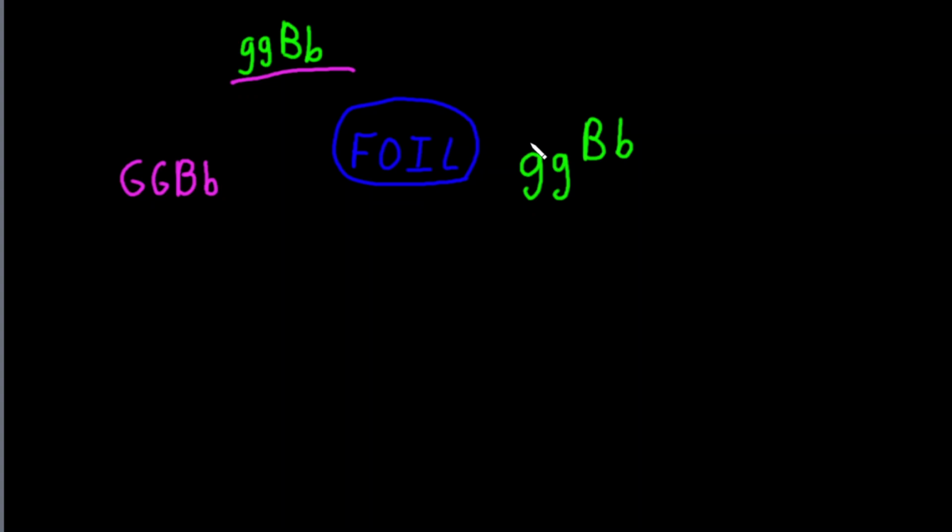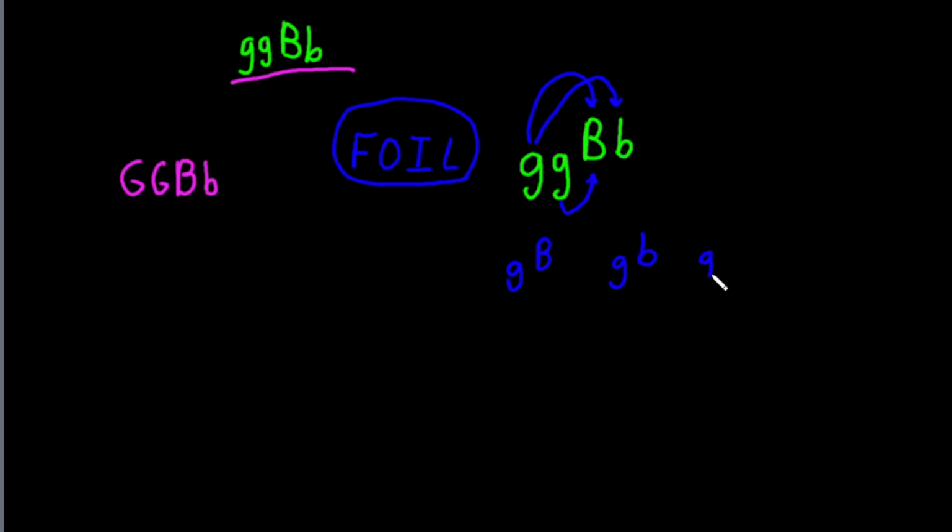And so what I'm going to do is I'm going to say, all right, if I had this G with this B, then it would make a little g, big B gamete. Now we're going to do the outside. What if I had this G with that B? Well, then that would make a little g, little b gamete. What about this G with that one? That's my inside. So first, outside, inside.